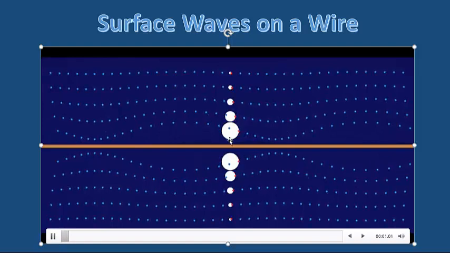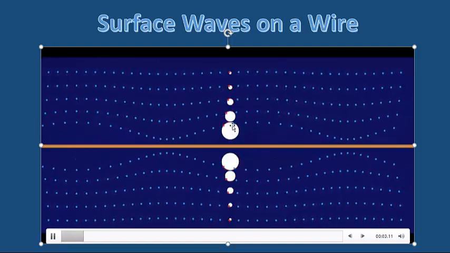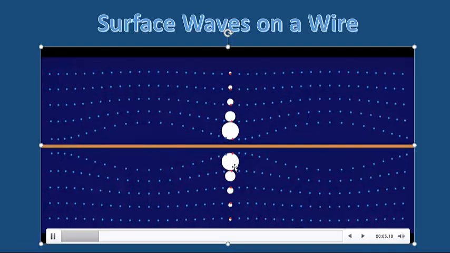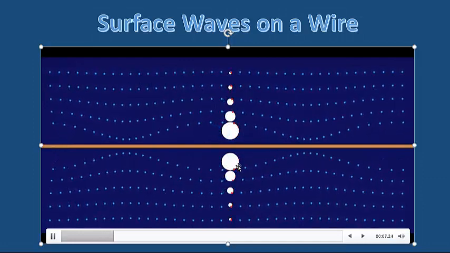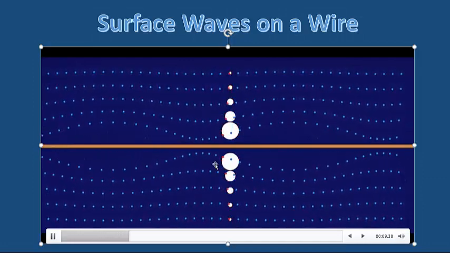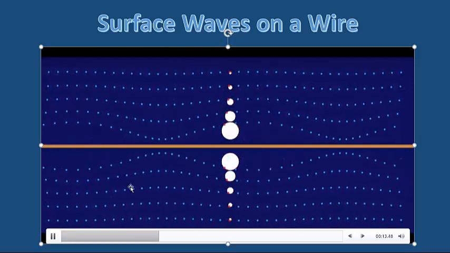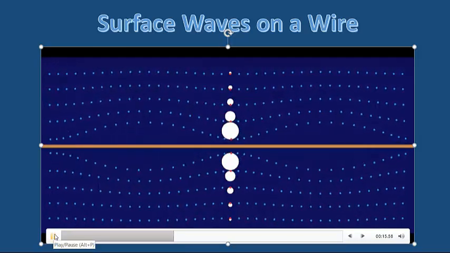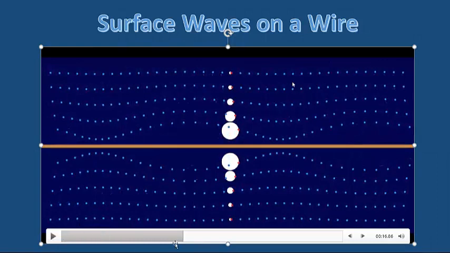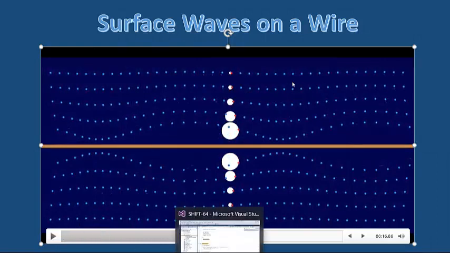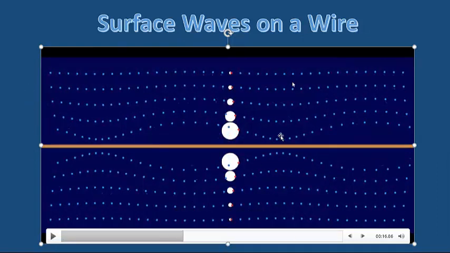So here you have counterclockwise circulation on top and clockwise circulation on the bottom, and so you have the wave propagating from left to right on either side of the wire. And so what I'm going to do is show you my software directly rather than playing a video, because I think that'll be much more informative than just watching this video.